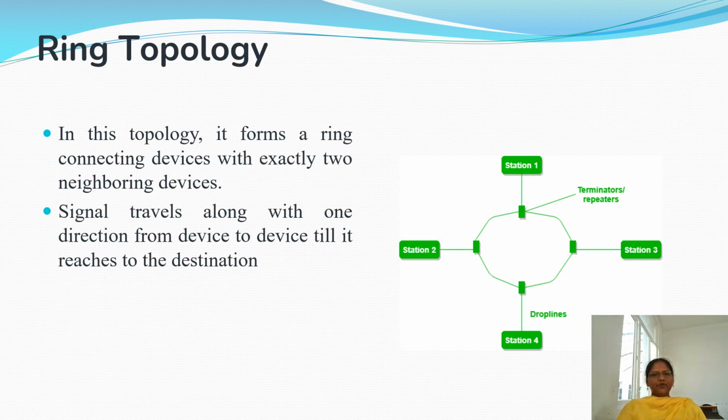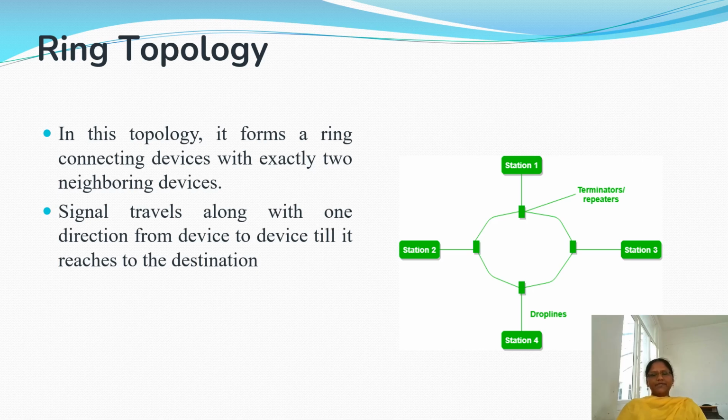The fourth type of topology is ring topology. In this ring topology, the devices are connected to their neighbors. As shown in the figure, station 1 will be connected to station 2 and station 3. Similarly, station 4 will be connected to its adjacent neighbors, station 2 and station 3. The signal will travel in only one direction.